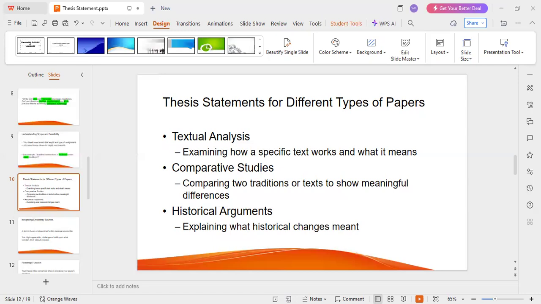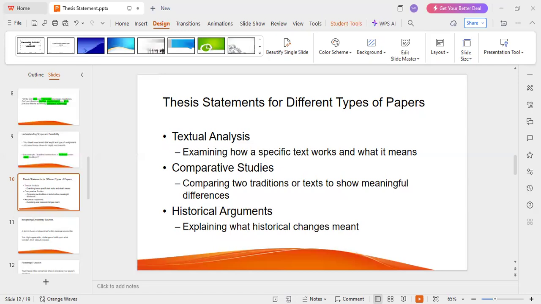If you want to explain why something happened in Buddhist history or what historical changes meant, regarding one specific area, if you want to examine developments over time in Buddhist history, if you want to explain causes and effects of historical changes, to interpret what historical events meant for the development of Buddhism, or if you want to challenge a historical interpretation, of course you have room to do that.